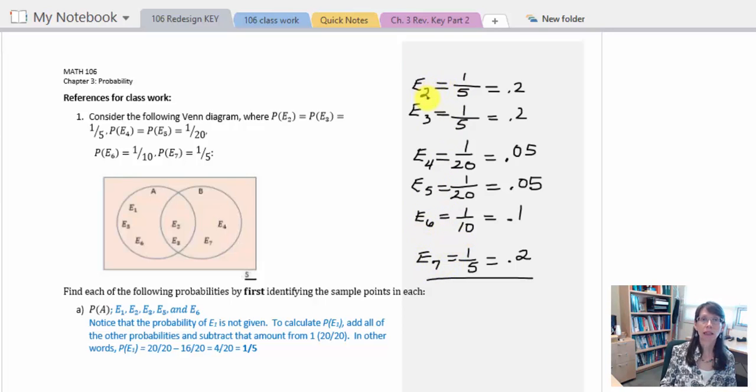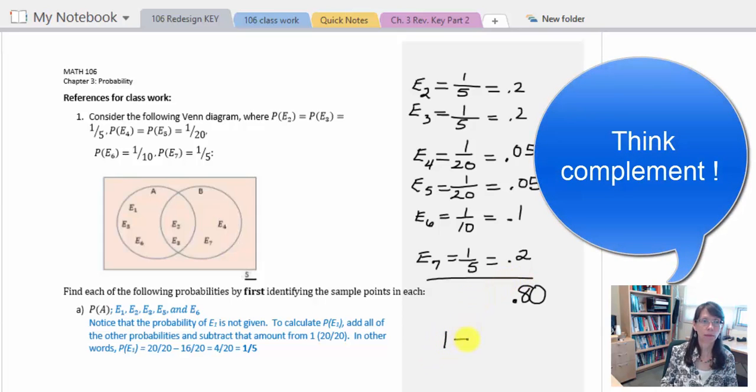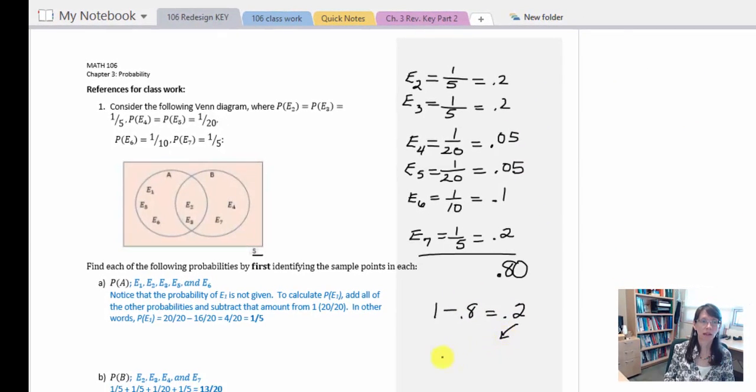If we take the decimal value for each of our data points and add them, 0.2, 0.2, 0.05, 0.05, 0.1, and 0.2, we get 0.8 as the total. So if 0.8 is the total and we have one missing piece, think about the complement. 1 minus 0.8 would give us 0.2. And this is the value for our first data point.